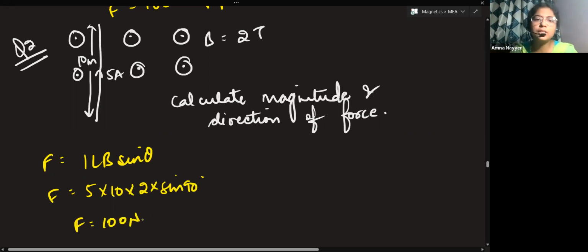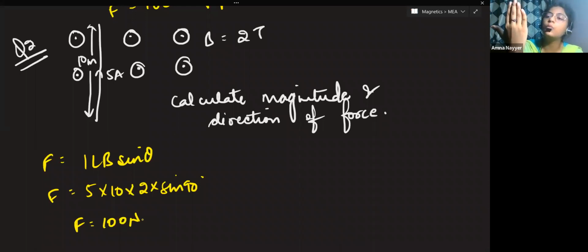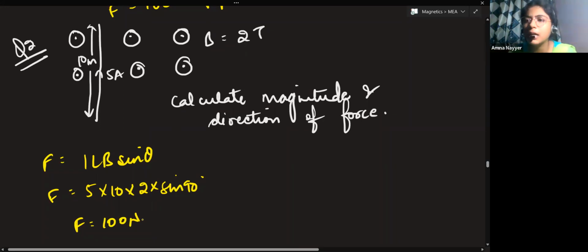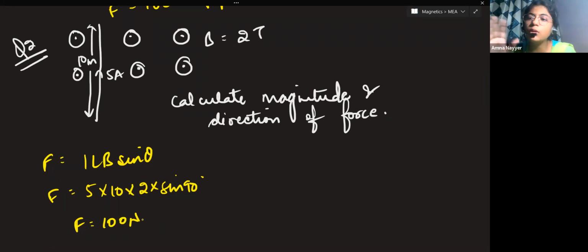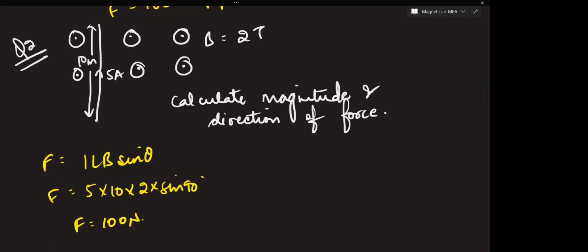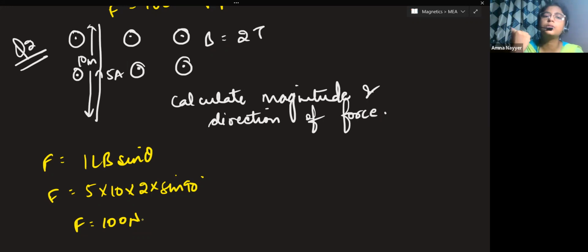Now again the direction. Keep your hand in such a way that you can curl it outwards, because the magnetic field is outwards. I have kept the conductor in the position where the current is flowing up. If I keep it like this, then it will be curling inwards. I have to curl it outwards towards me.